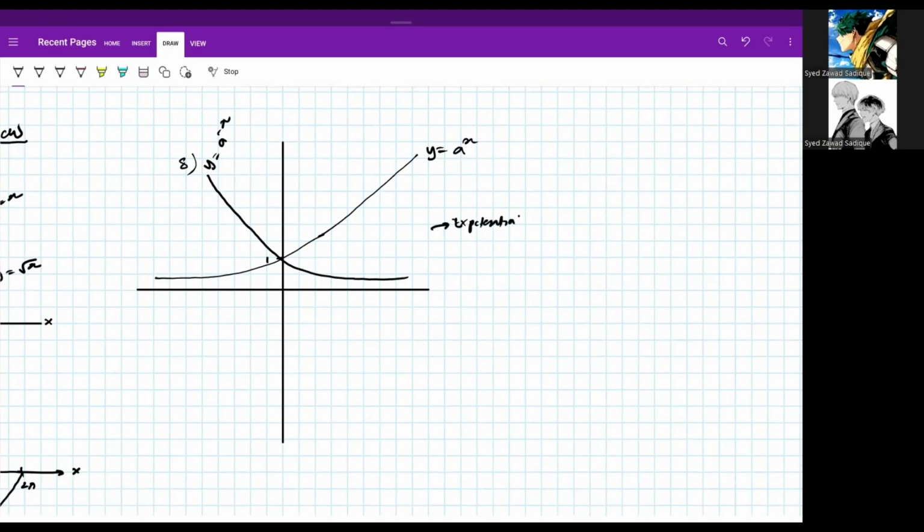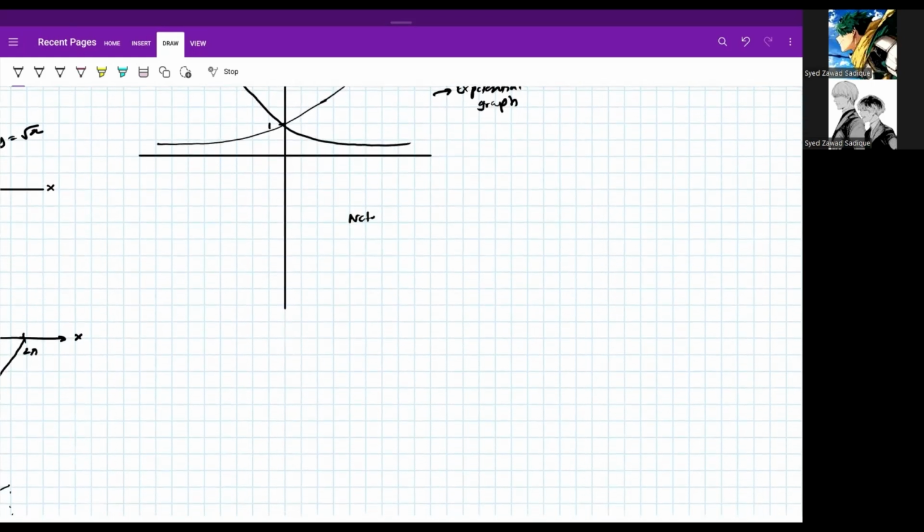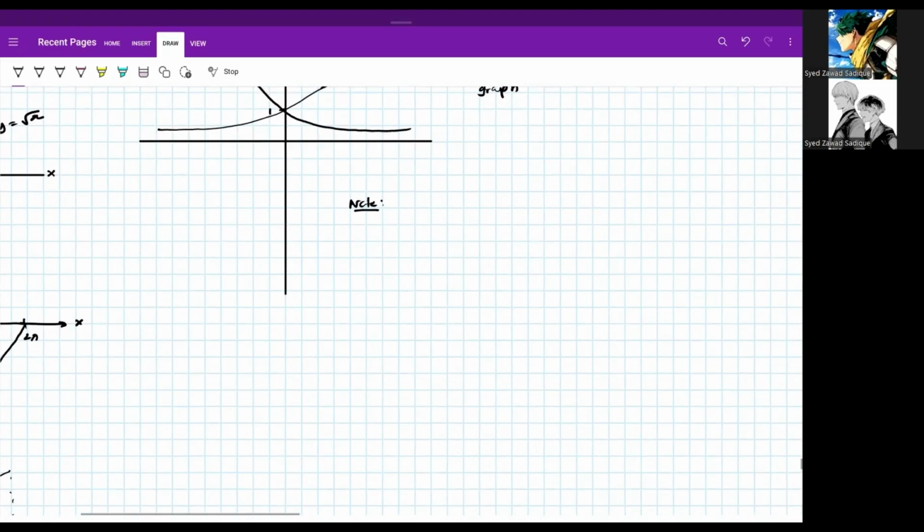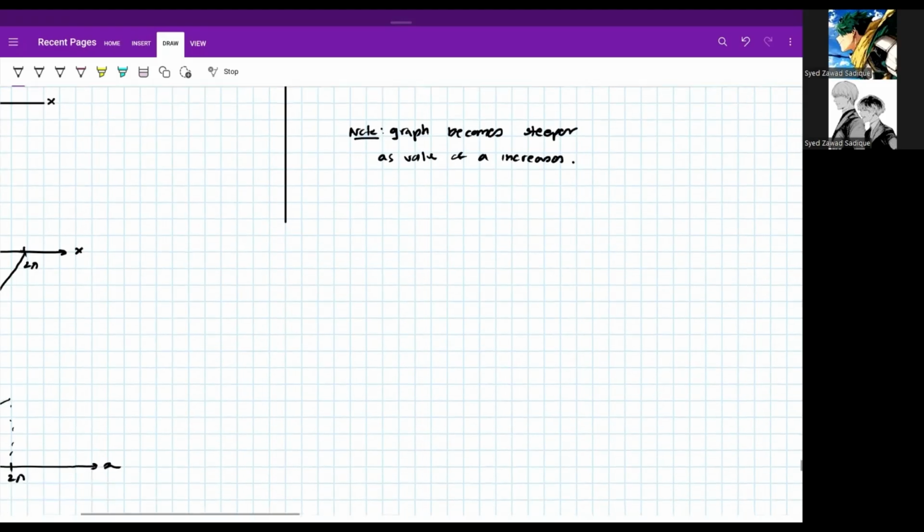Exponential graph. Okay, note that the graph becomes steeper as the value of A increases. Nice. Then we have the log graph.